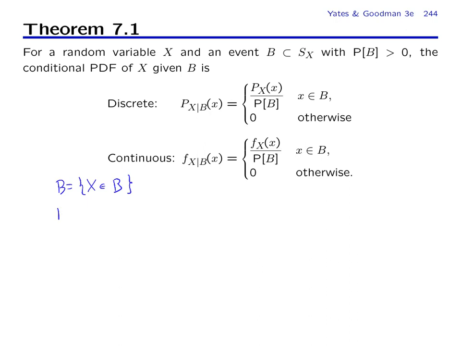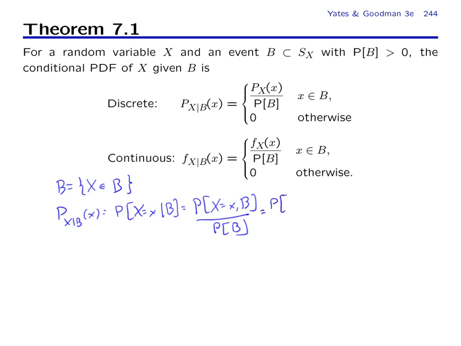When X is discrete, the conditional PMF of X given B of x tells us the probability X equals little x given B, and this is simply, by the definition of conditional probability, the probability X equals little x and B over P of B. And when we use the fact that B is shorthand for X belongs to B, this is the probability X equals little x and X belongs to B over the probability of B.